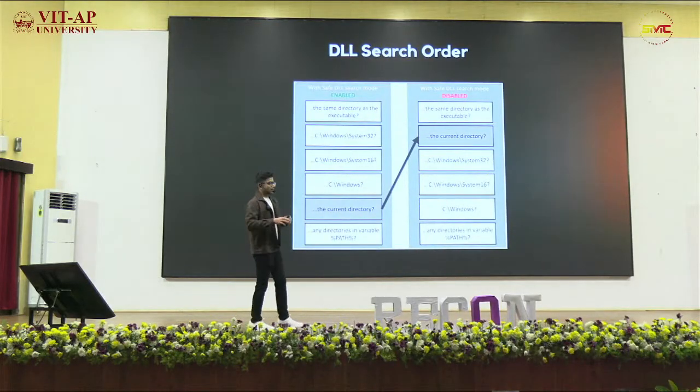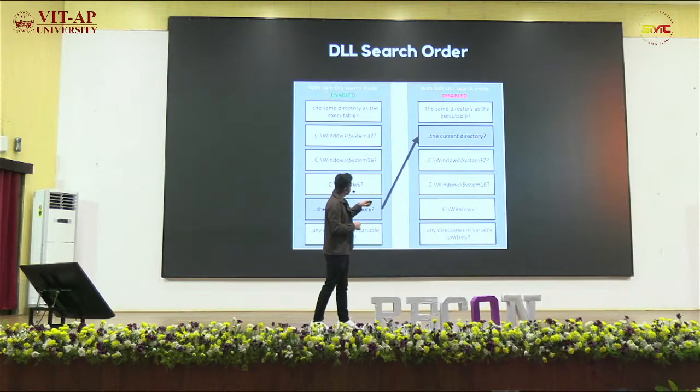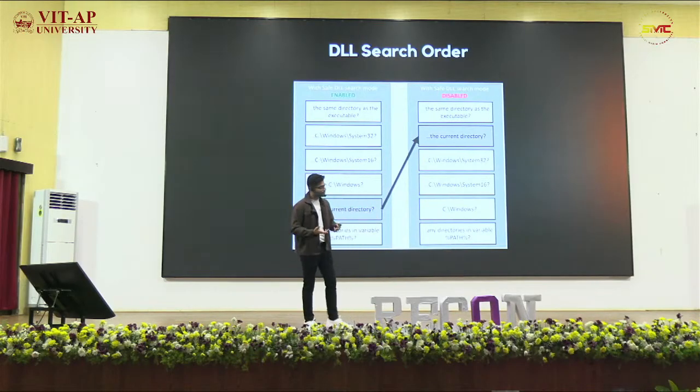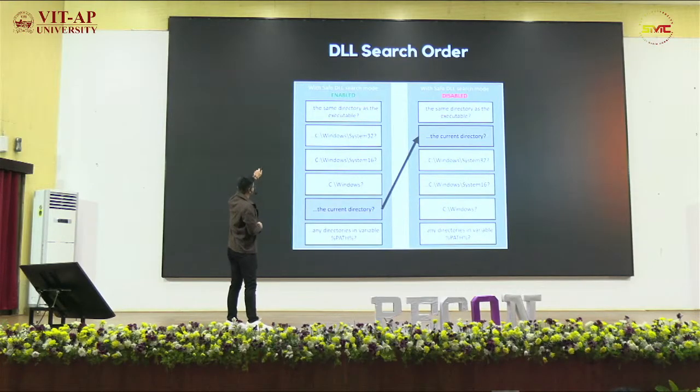So this order which I told you is called safe DLL search. And there is one more which is not safe, which can be enabled in some legacy programs. What happens in that? With safe search order, we first look at the application directory, then system32, then system, then the current directory.